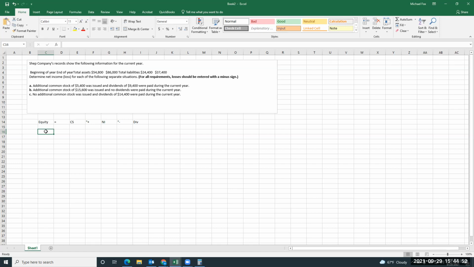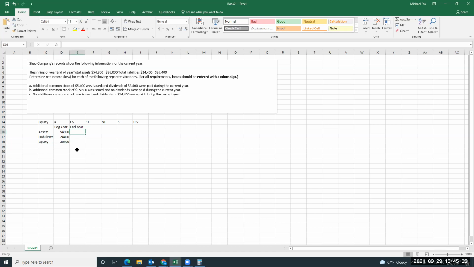So if I know my assets at the beginning of the year, in this case 54,800, and my liabilities were 24,400, then I know my equity is just going to be my assets minus my liabilities.